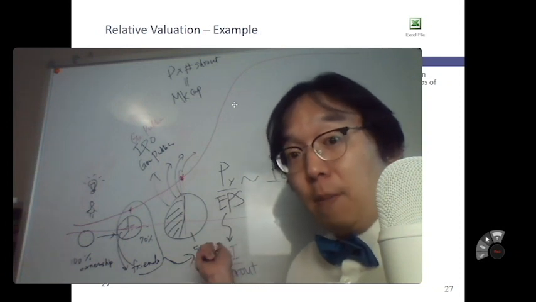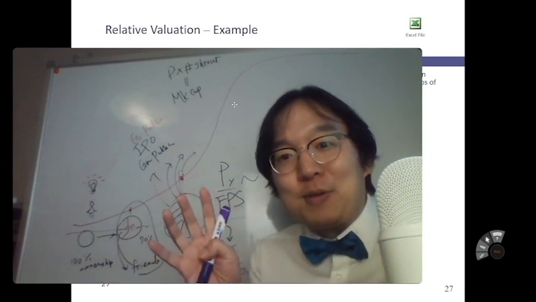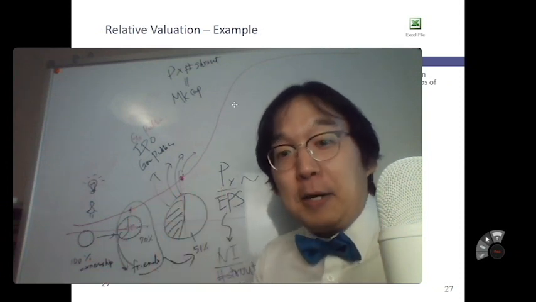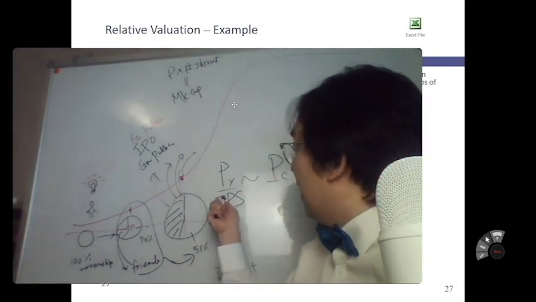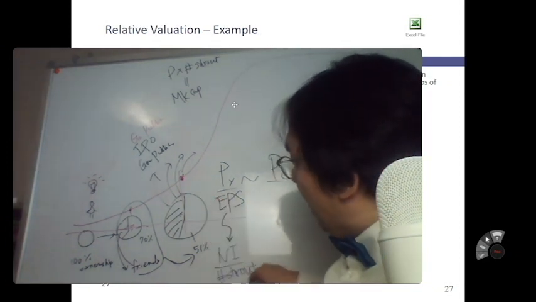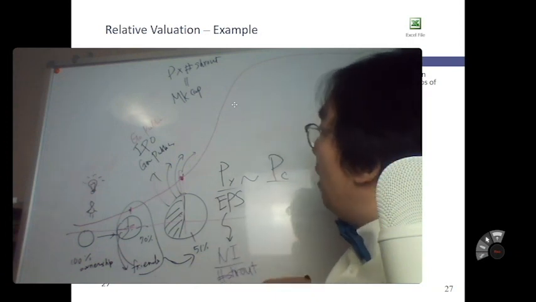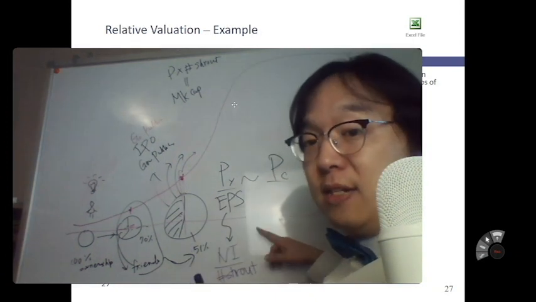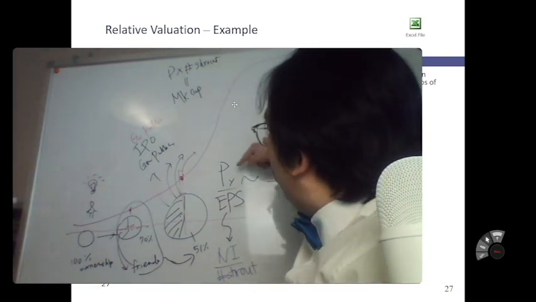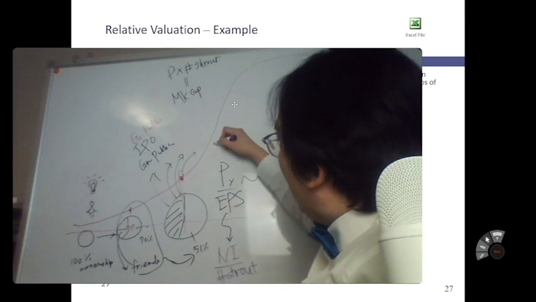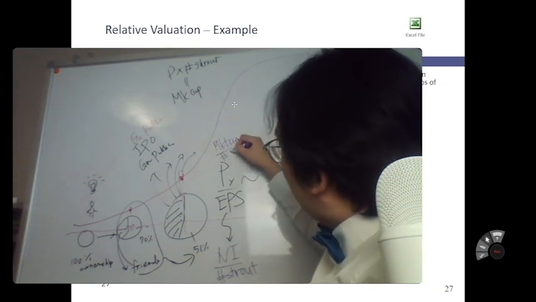Net income. As long as you took accounting 101, everybody knows net income, right? The benefit of this EPS is that it is divided by number of shares outstanding, which makes it comparable and usable in this framework, because your price is also market cap divided by number of shares outstanding.